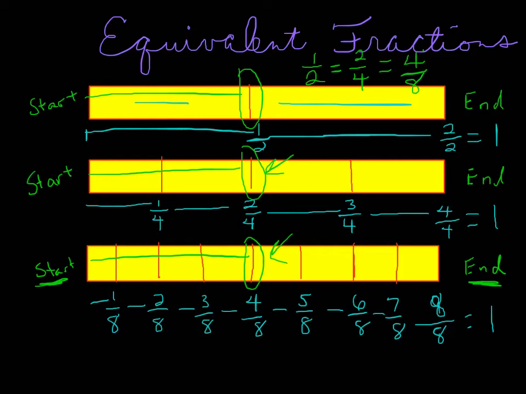Now with that in mind, do you see any others that could be equal to each other? Well, let's look at the whole thing here. On the first, second, and third, I do see something going on here, and I see 2/2, 4/4, 8/8.